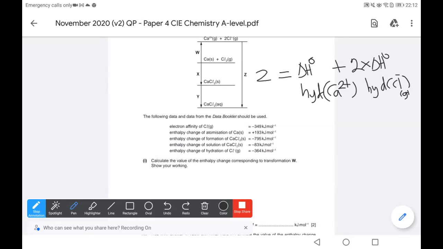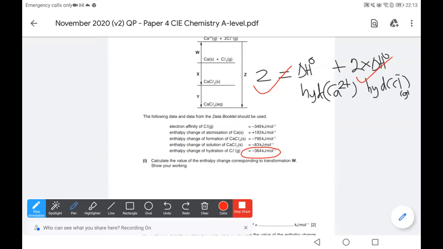So we already calculated Z, and hydration of chloride is given here, minus 364 into 2, because 2 moles of chloride are hydrated. So we know that one also. Very easily you can get the hydration enthalpy of the calcium ion.